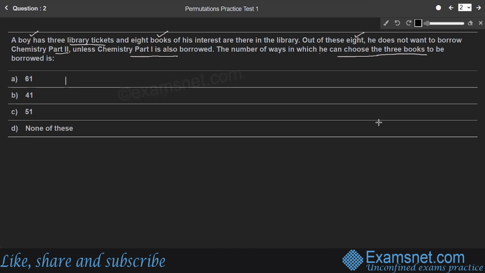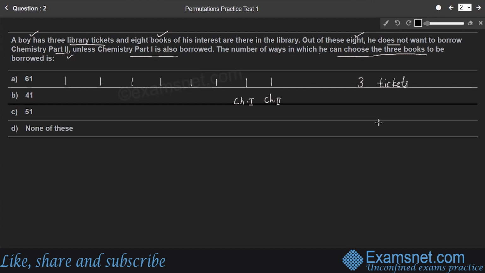So let us imagine 8 books. In that, chemistry part 2 and part 1, these 2 books are also there, and it is given that he does not want to borrow chemistry part 2 unless part 1 is also borrowed, right? And he has 3 library tickets.